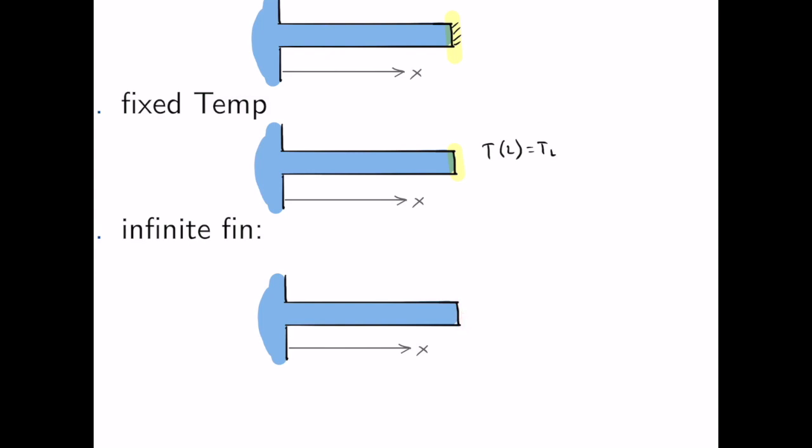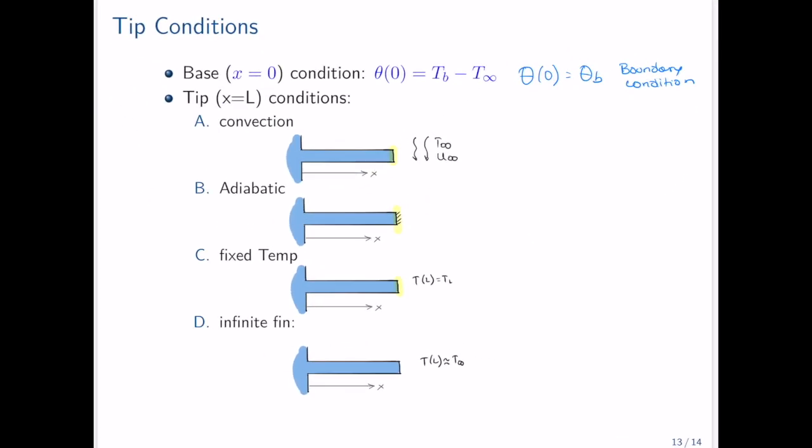So we are going to assume that T of L is approximately equal to T infinity. So let's go back to the first one. In the first case, we are saying that there is a convection boundary condition.